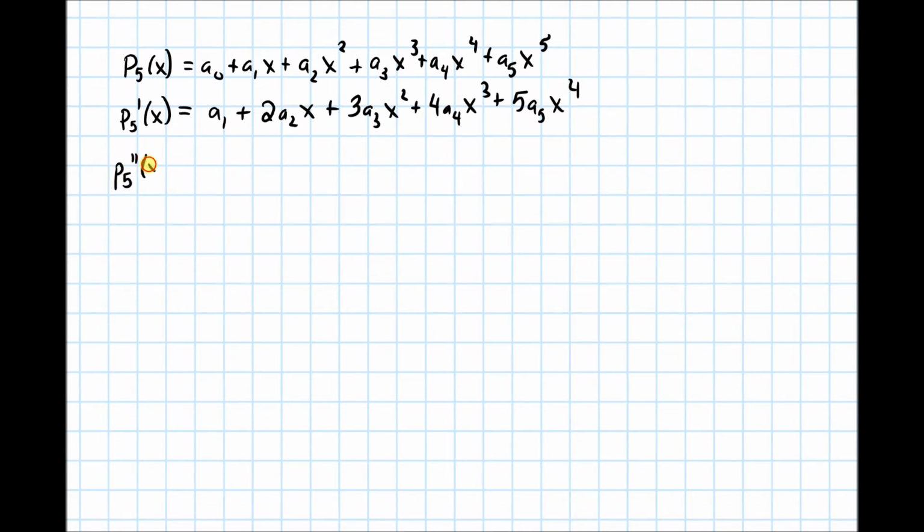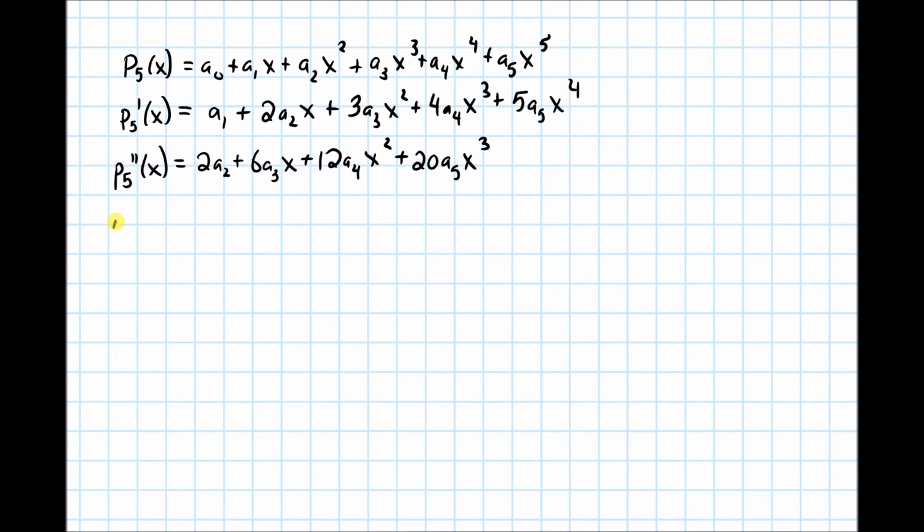If we take the second derivative, the derivative of a1 is 0, because that's a constant. The derivative of the next term would be 2a2. The next term would be, so the 2 comes down, and I get 6a3x. With the next term, the 3 comes down, and I'll get 12a4x squared. And with the next term, the 4 comes down, and we get 20a5x to the third.